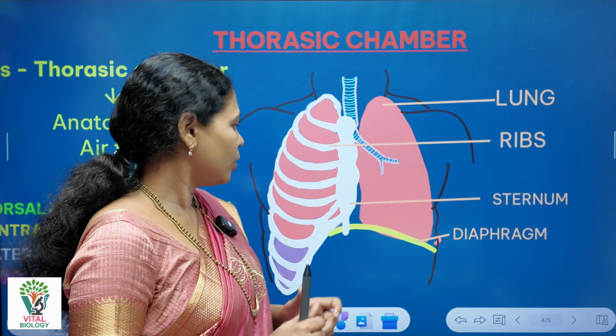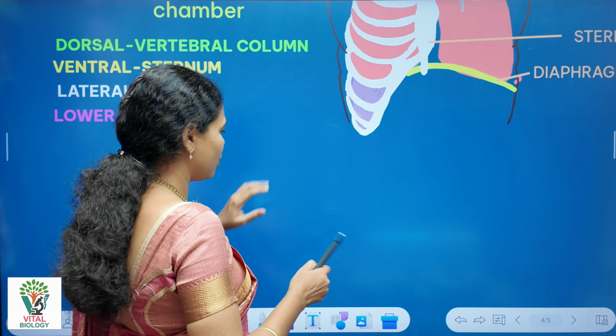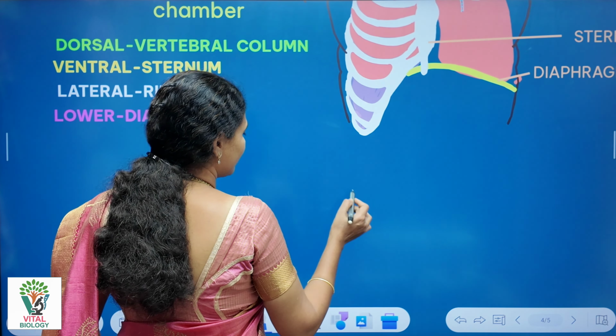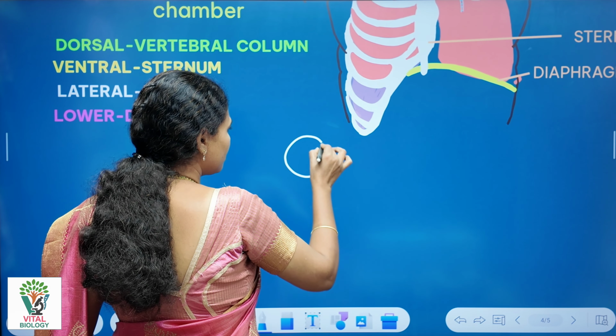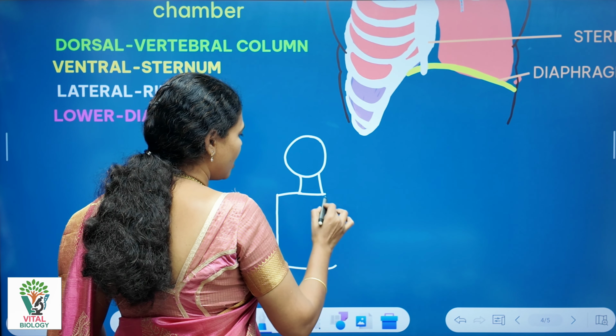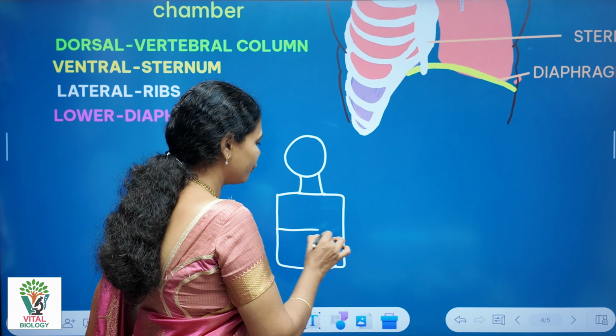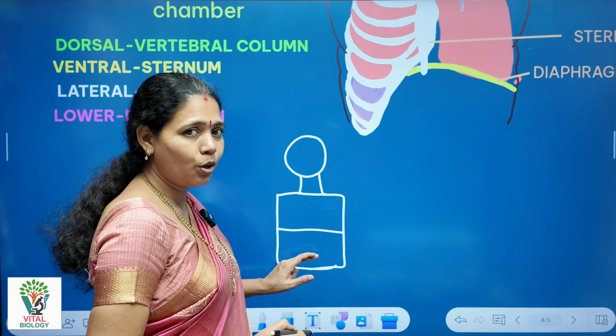Now, as we know, our body can be divided into various regions. Like for example, suppose this is our head region, this is our neck, and this is our body. And this body is divided into two cavities, the upper and the lower cavity.